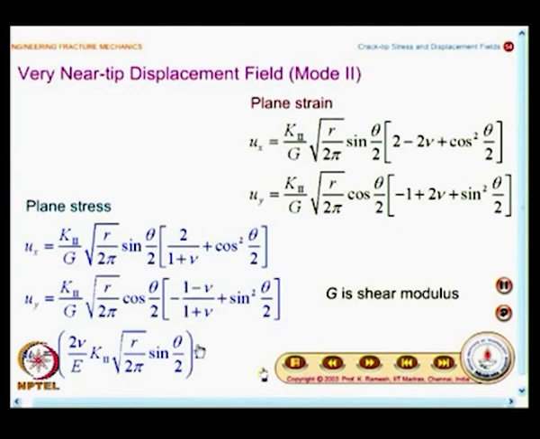If you are considering a plate of thickness b, you have to multiply it by b. So, this gives you the displacement field, and this is referred with respect to the crack tip as the origin. Make a note of it.